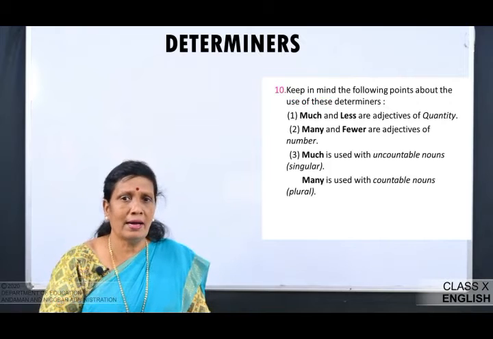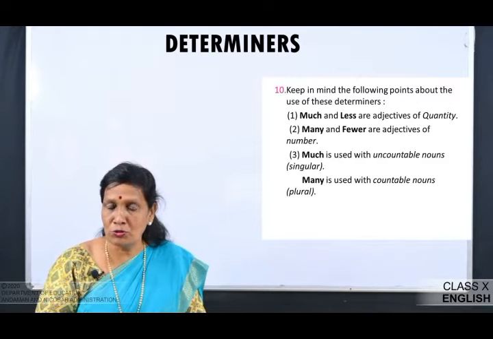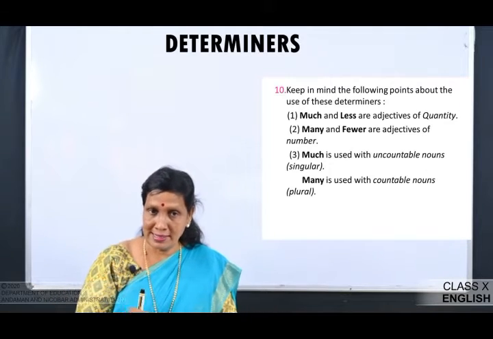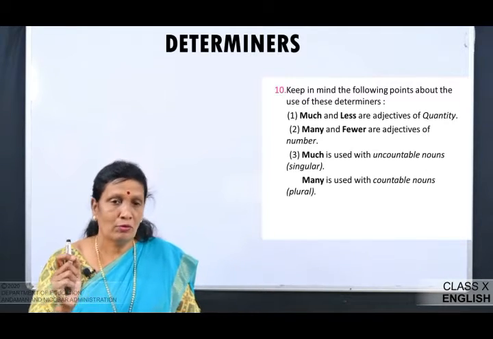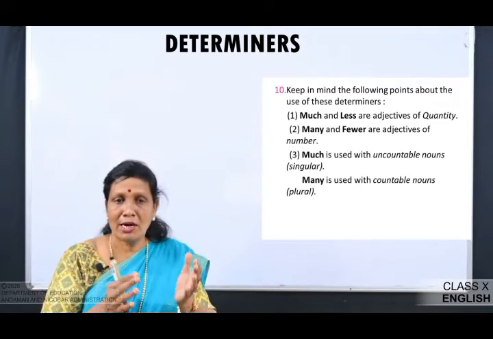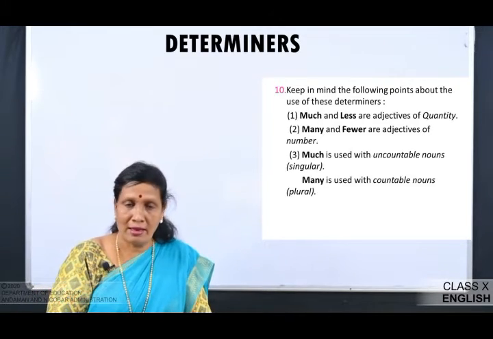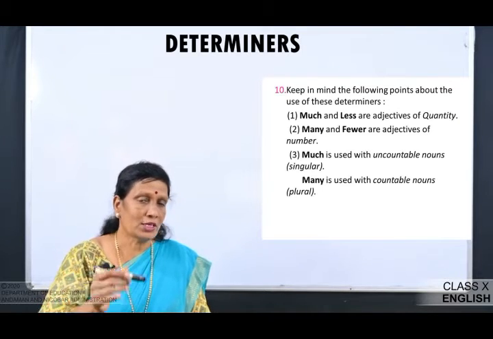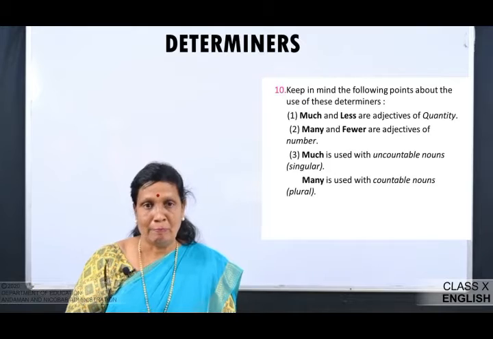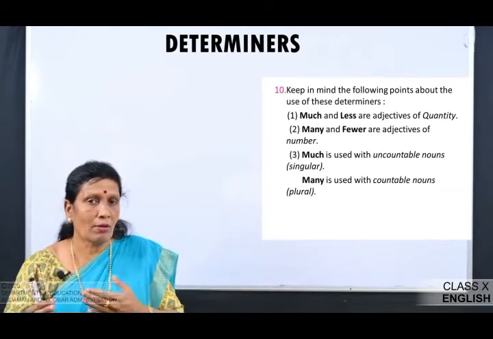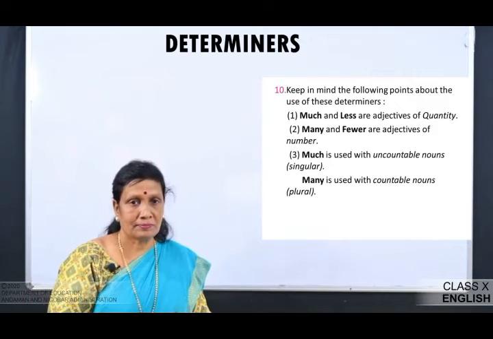You must keep in mind the following points about the use of these determiners: much, less, many, fewer. Children, we had discussed much, many, less and fewer when we discussed the introduction to determiners. They are quantifiers, or they talk about quantity.